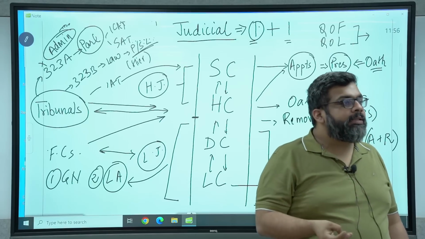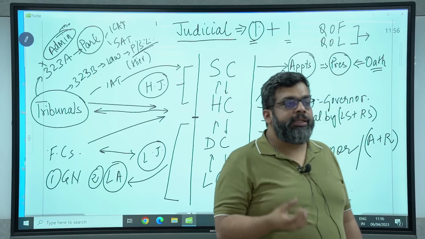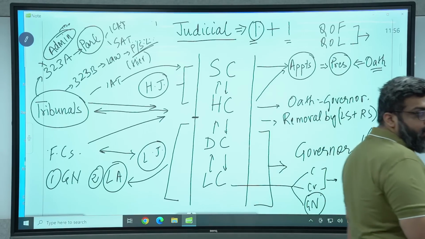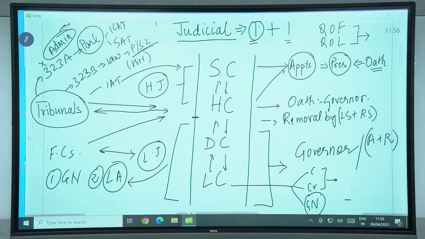These are all features of an integrated judicial system. Though more than an integrated judicial system, what is more important is an independent judicial system. And we've understood that an independent judicial system can never be truly independent. Understood?